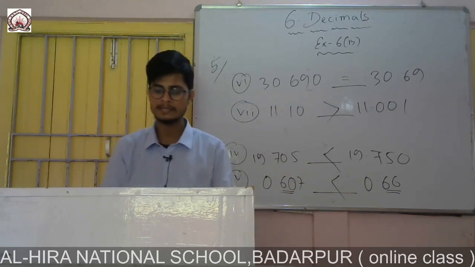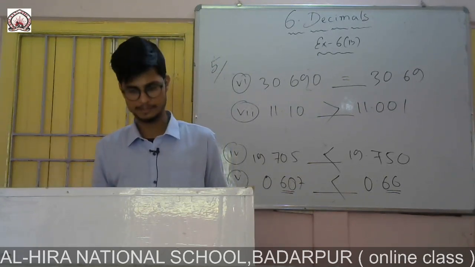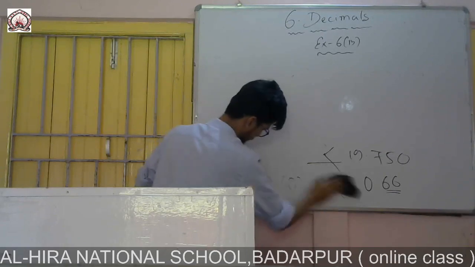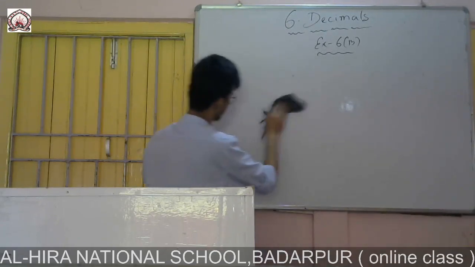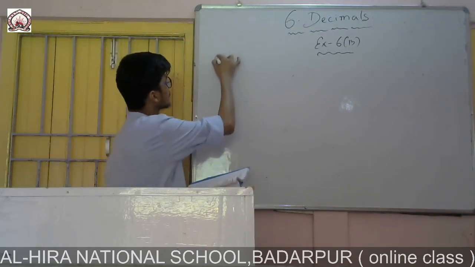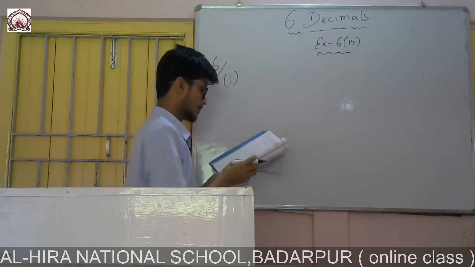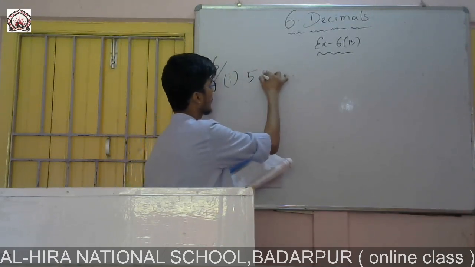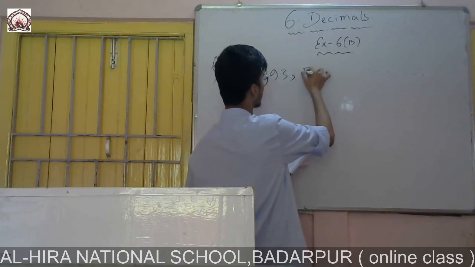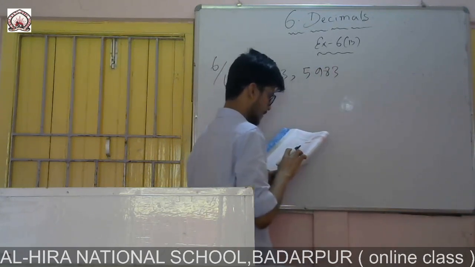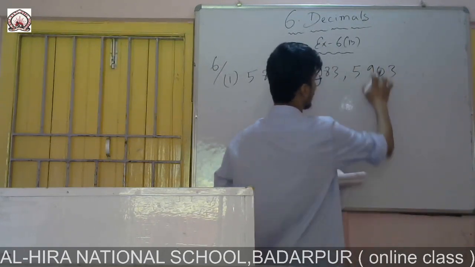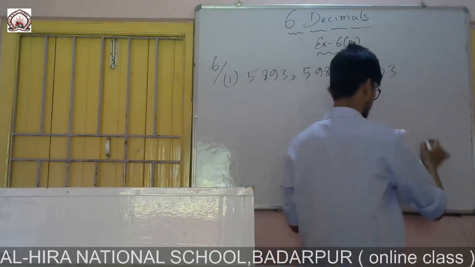That means you are to write this in descending order from largest to the smallest. 5.893, then 5.983, then 5.903, and last one it is given 5.938.